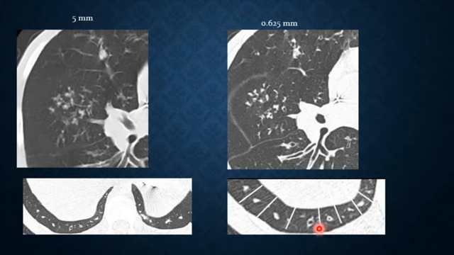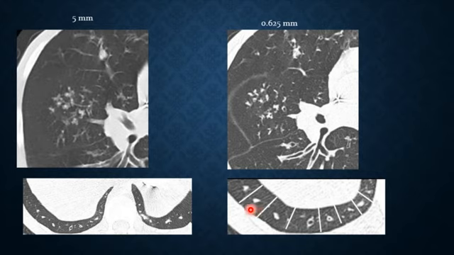The lung is composed of two parts mainly, the airspace and the interstitial part. The interstitial part is these lines that separate the lobules into different compartments, while the airspace is the part that contains the air that we breathe. So the processes in general are either interstitial or airspace.